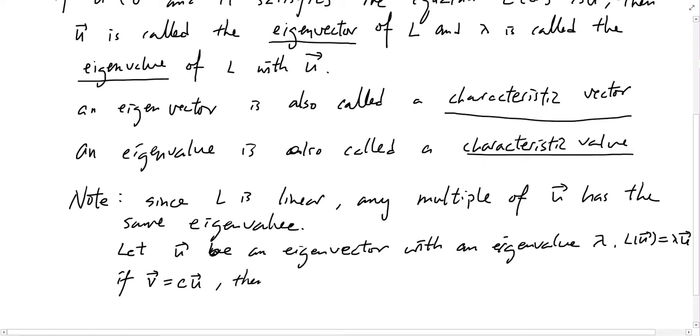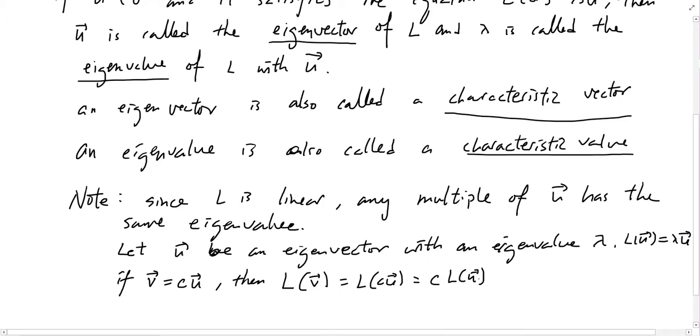Then L of v is L of c times vector u. Since L is linear, the constant c moves out of the linear function.